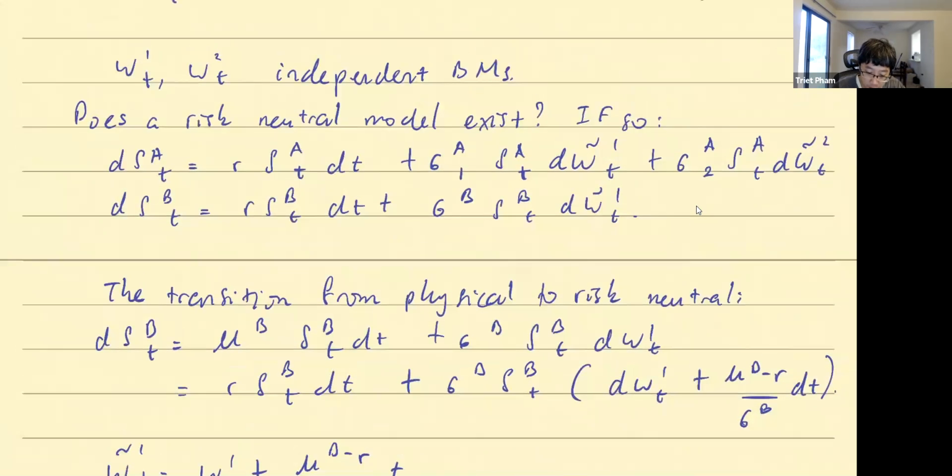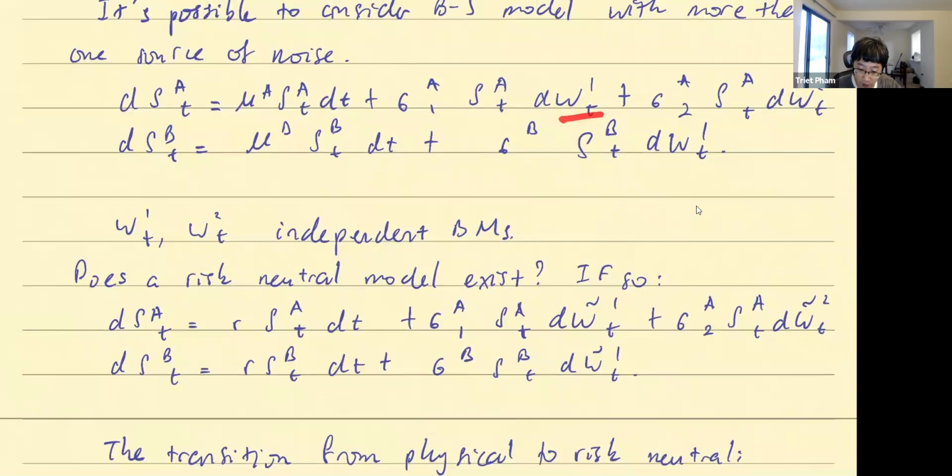You can verify for yourself that if you strike out one stock, then there is a risk neutral probability, but it's not unique, because there will be many ways for you to transition from W1 to W2.1 and W2 to W2.2. There are too many sources of noise and only one asset. So you're too flexible in terms of your risk, that's diversification in some way.